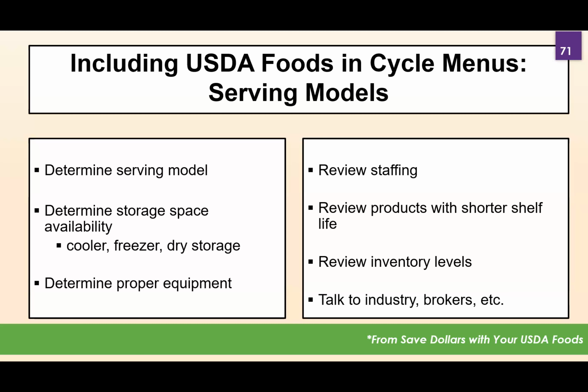So make sure you have enough space to accept those commodities. Do you have the right equipment, or will you need to purchase equipment to do your menu? And again, thinking about the staff. Maybe your staff needs more training, or do you have enough staff?